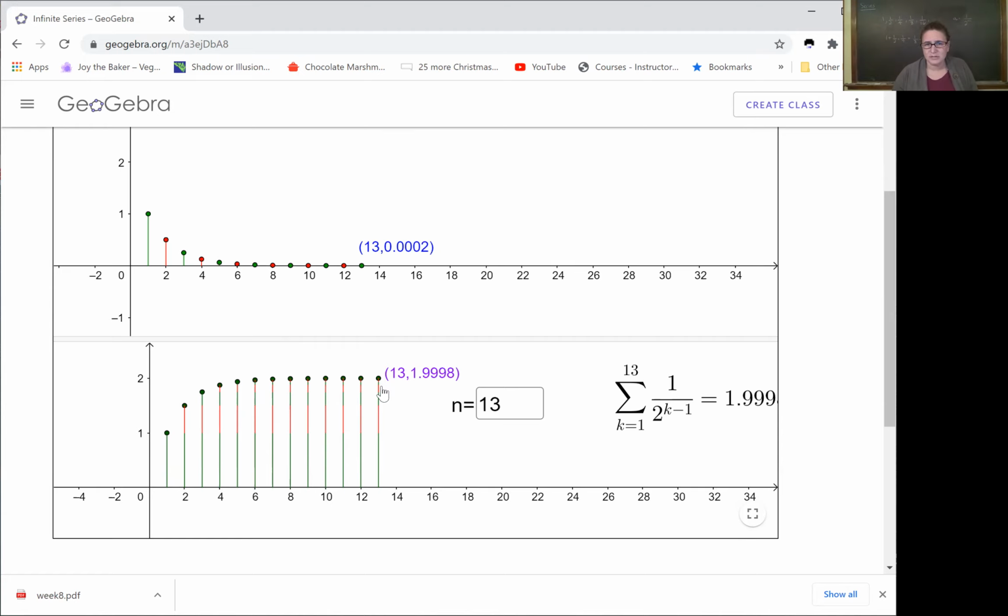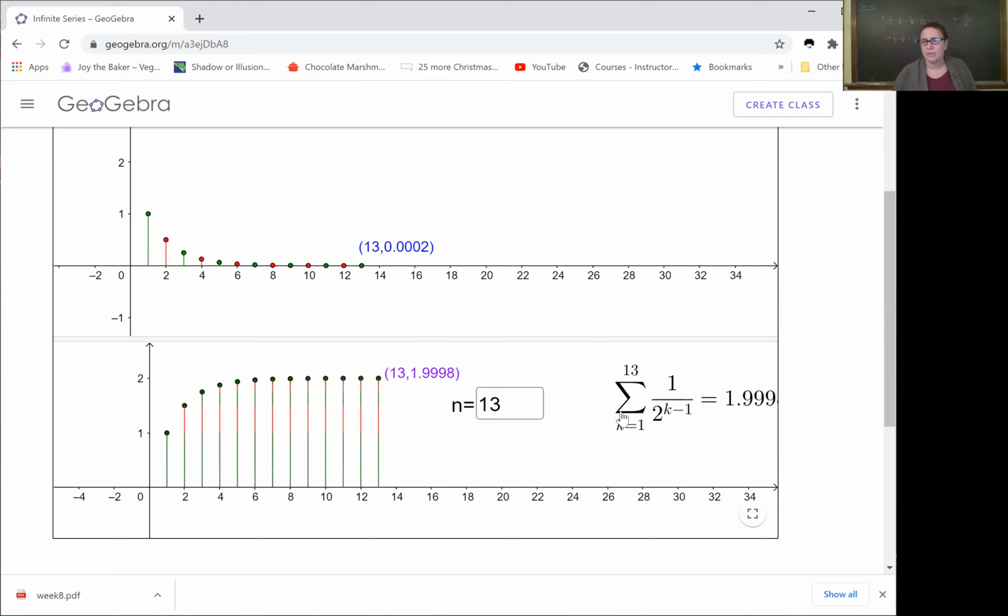Even after 13 terms, you can see the first one is green, the second one is red, and then it goes green, red, green, red, as they're summing it up. So the sum, and this is called a partial sum, right? It's not the sum as n goes to infinity. This is the sum as n goes from 1 to 13. So it's like the first 13 terms, right?